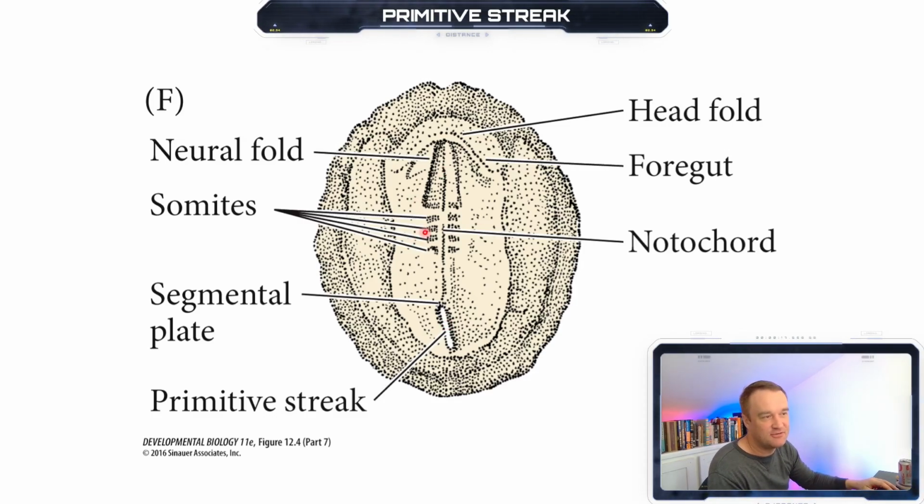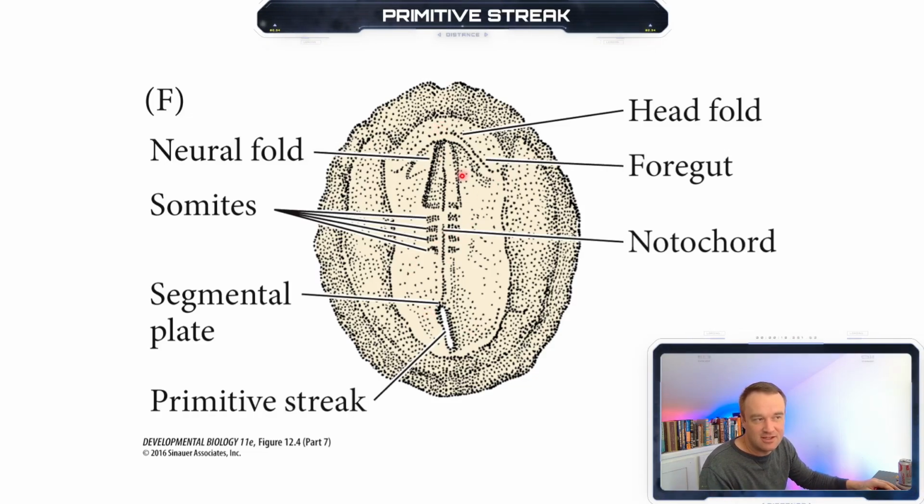And then on the different sides at the top, we have the neural fold. In the head fold, this will develop into the head. And then we have the notochord, where the neural tube will be directed to develop from. The notochord directs the development of the neural tube, which is above it, and then to the sides of it are the somites. So remember, that's the ribs and stuff.